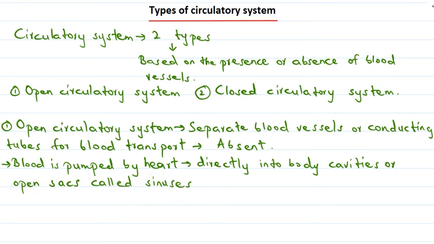So as there are no blood vessels or conducting tubes, the blood that is pumped by the heart directly moves into body cavities or open sacs called sinuses.